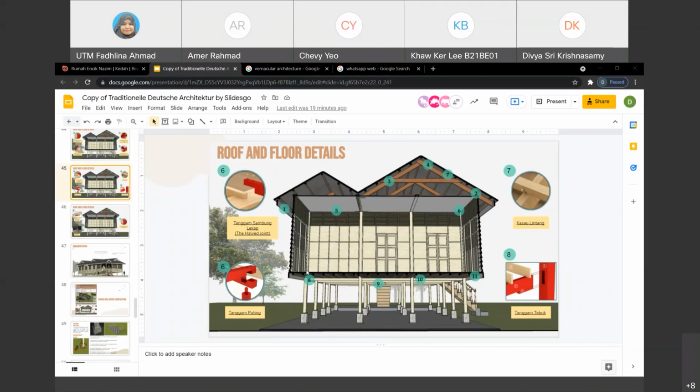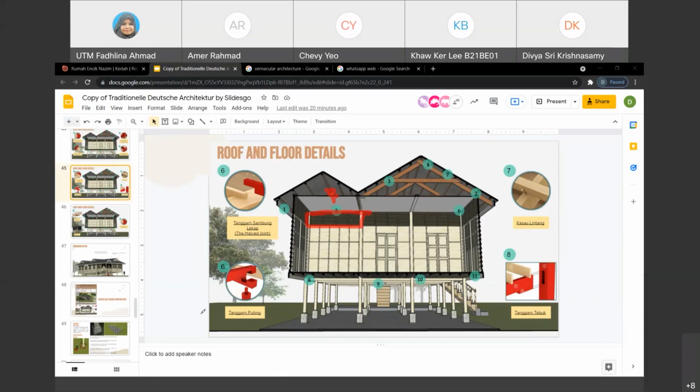I mean, on top of the ceiling, is it? Yes, on top of the ceiling.